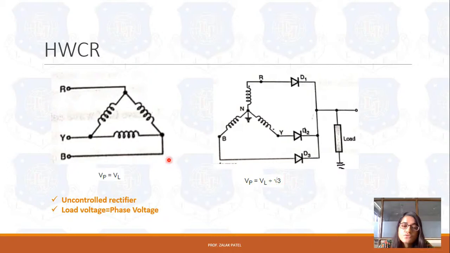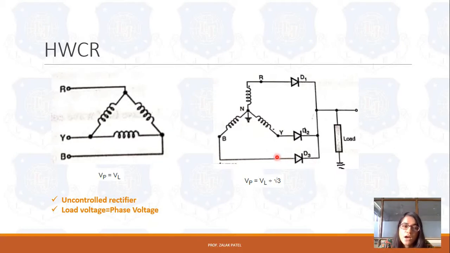We can also see the equations for current: IP, meaning phase current, is equal to the load current upon √3 for delta connection, and for star connection phase current is equal to load current.